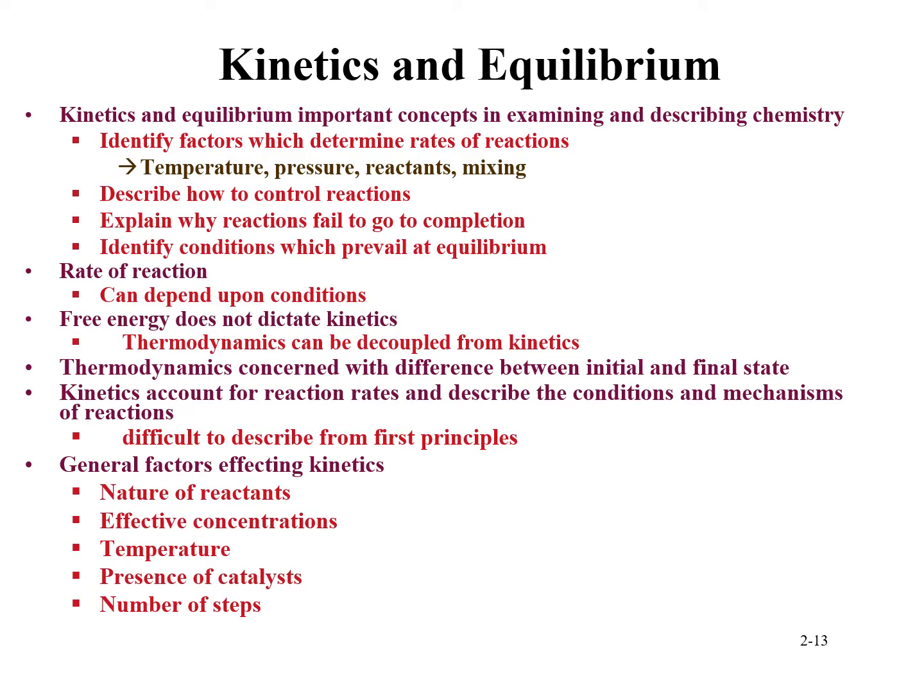An important component in understanding reactions are chemical kinetics and chemical equilibrium, so kinetics and thermodynamics. They're important concepts in describing reactions. You can use this to identify factors which evaluate the rates, for instance, temperature, pressure, reactants, mixing. One can use an understanding of these concepts to control reactions.